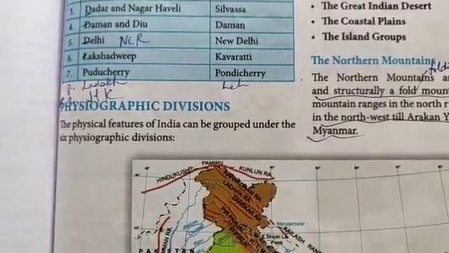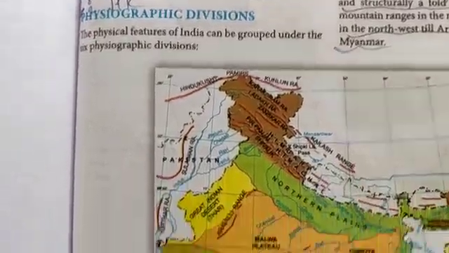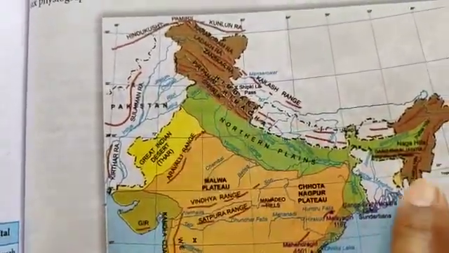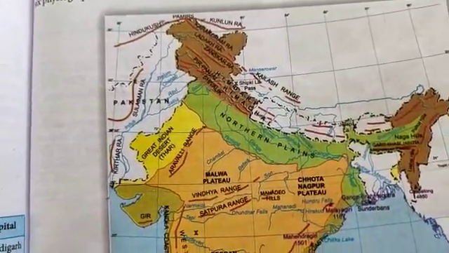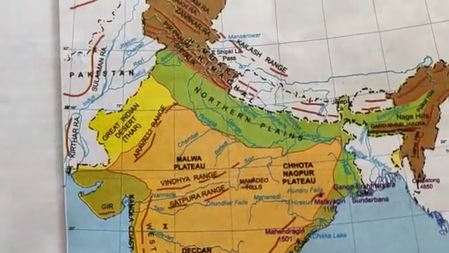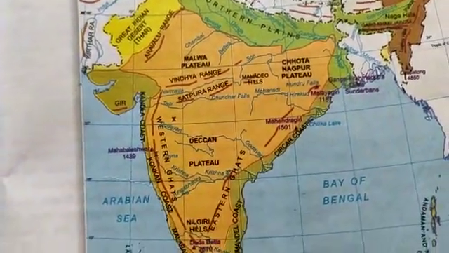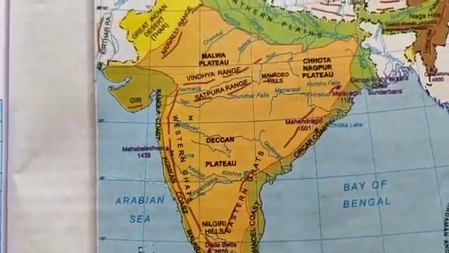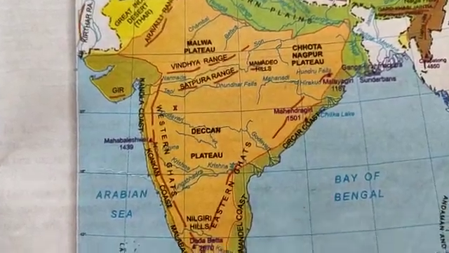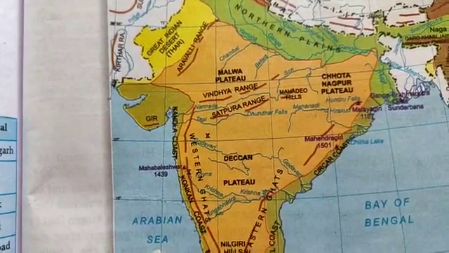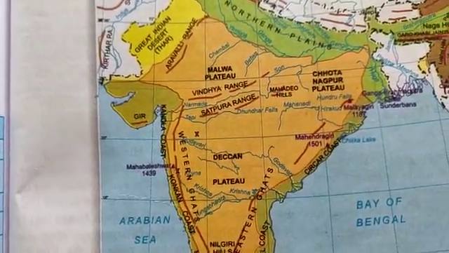I want you to turn to page number 73. First will be the northern mountains, which you see marked over here in brown. Then you see the northern plains marked in green. Then you have the peninsular plateau, which is further divided into the Malwa plateau, the Chota Nagpur plateau, and the Deccan plateau. To your left, to the west of India, you will find the Great Indian Desert.